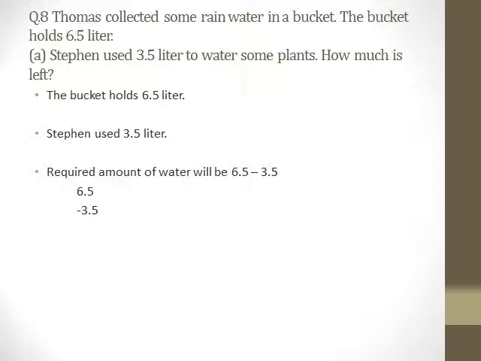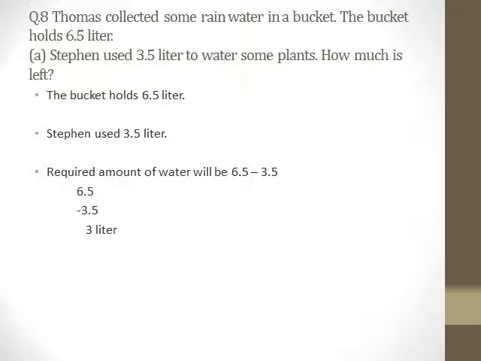Now check after how many numbers from the right side you have a point. You have only one number, 5, so you put the point after one number from the right side. So the answer will be 3.0, right?